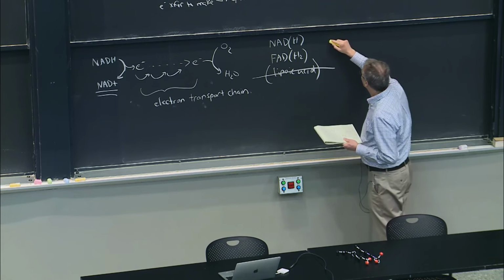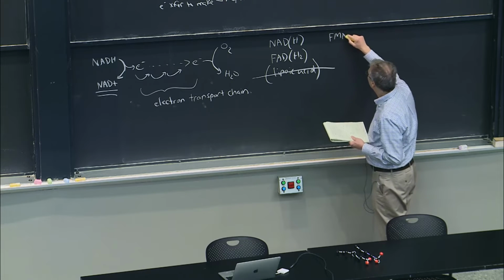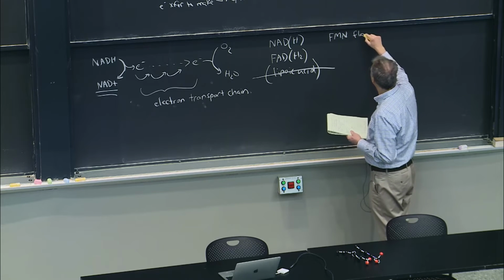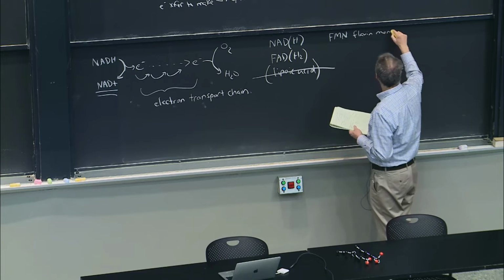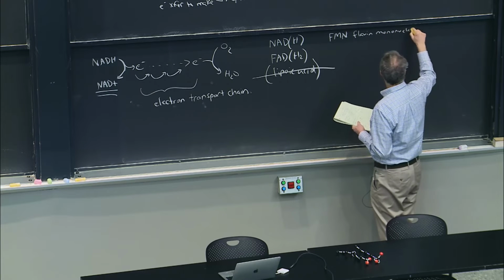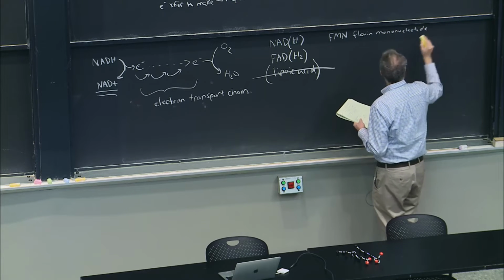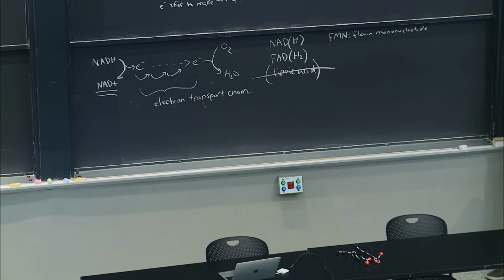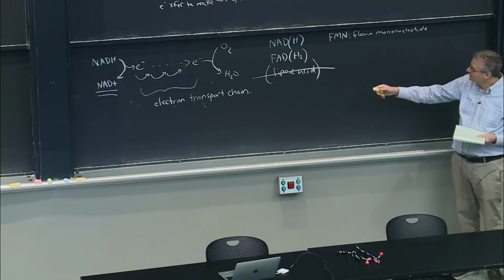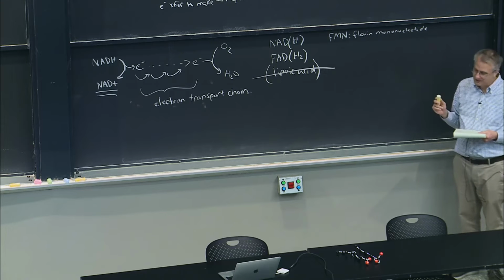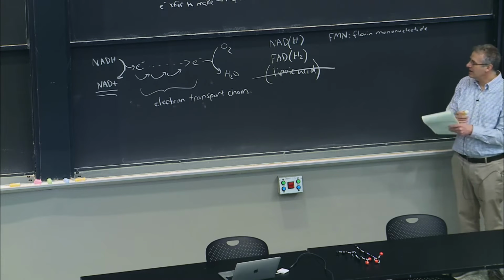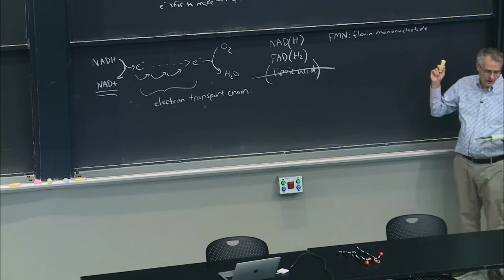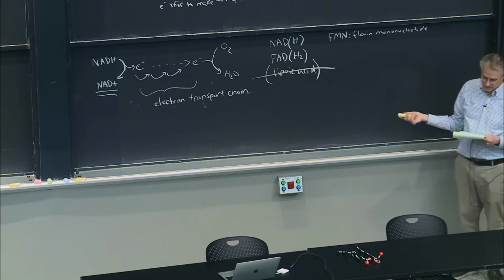So another important one is something called FMN, or flavin mononucleotide. What FMN is, it's effectively FAD, but not in a dinucleotide state, but a mononucleotide state. So if you take FAD and you remove an AMP group from it, what you're left with is FMN.